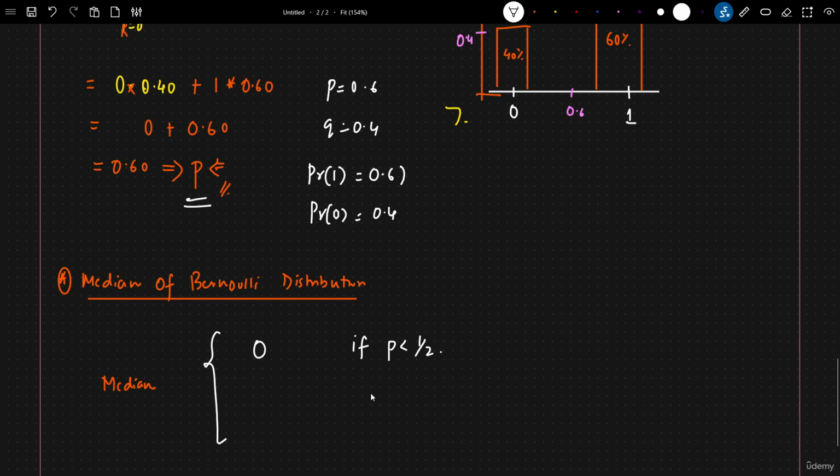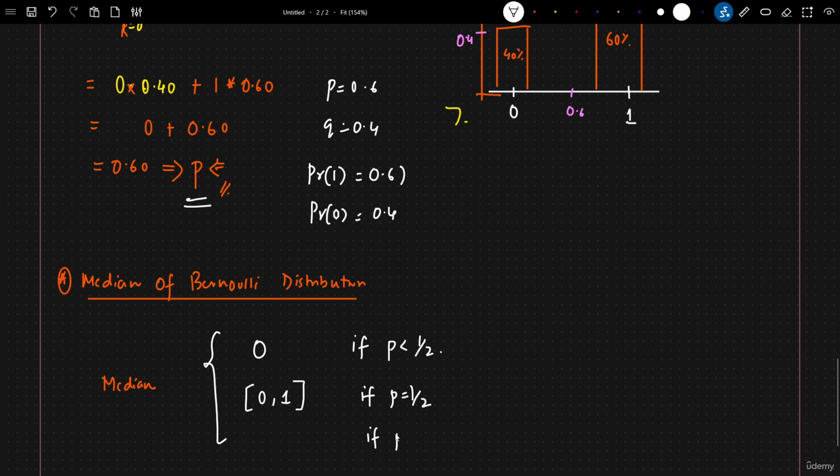If p is exactly half, then the median can have a value of 0 or it can have a value of 1. I will talk more about why I am saying this.